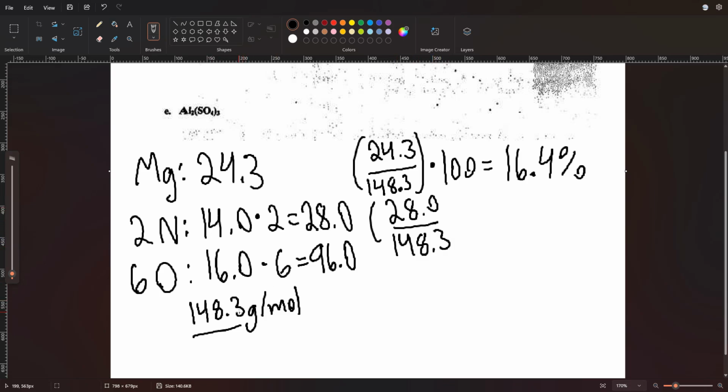Because this is a total mass added with the significant figures, we can keep it, but should you choose to drop it, it shouldn't affect the percentage calculation all that much. So we're going to do that times 100. So it's going to be 28.0 divided by 148.3 times 100. And that's going to leave us with 18.9%.